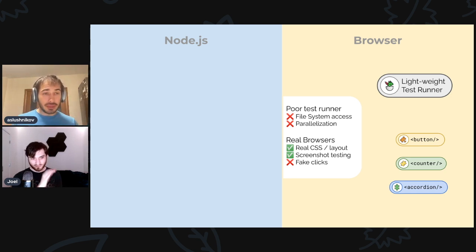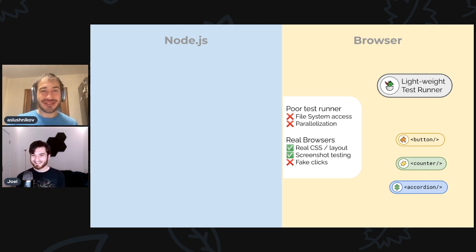This is like the Karma test runner, for example. Or when I was working on my own projects, I would have one HTML file that I would just open in the browser and it would run all the tests. A do-it-yourself test, exactly. And notice that we still don't get real clicks. Even though we are in a real browser, we would need to be outside of the browser process to emulate a real click. I do a new mouse event and put in the options.